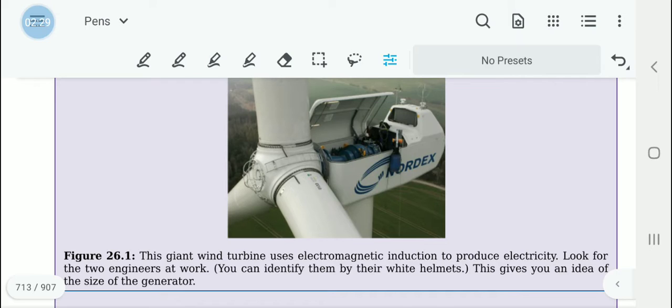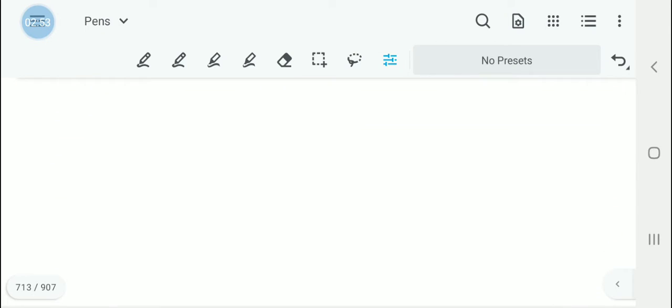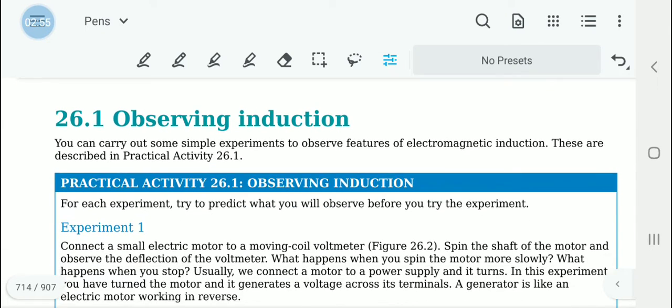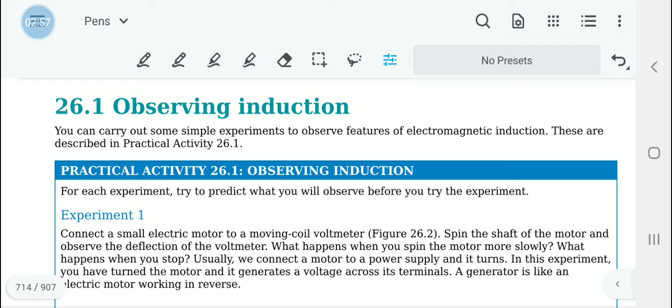We have discussed so far how electricity can be produced when a conducting wire goes through a magnetic field. When the conducting wire rotates through the magnetic field, it cuts the field, thereby creating a force, and this force in turn will produce electricity. That is basically the principle behind electromagnetic induction.